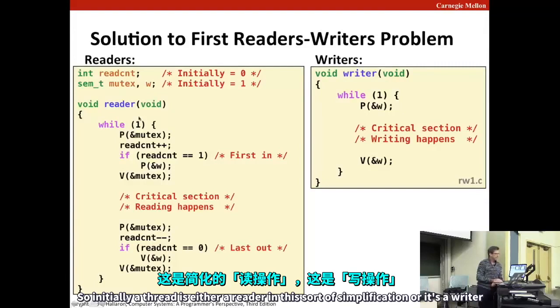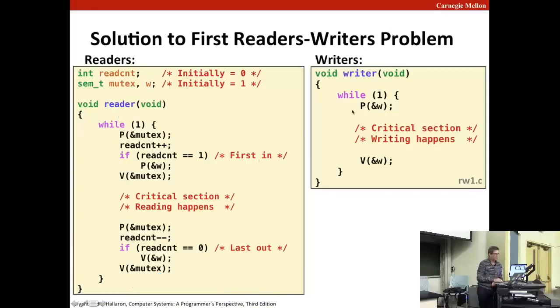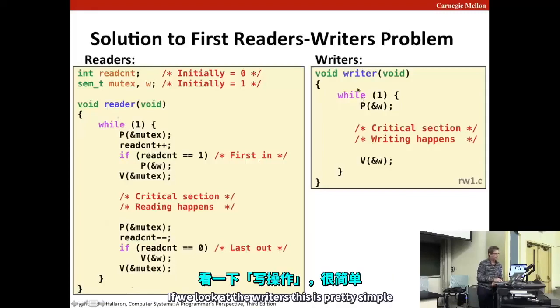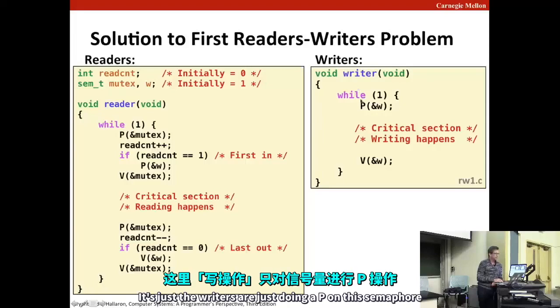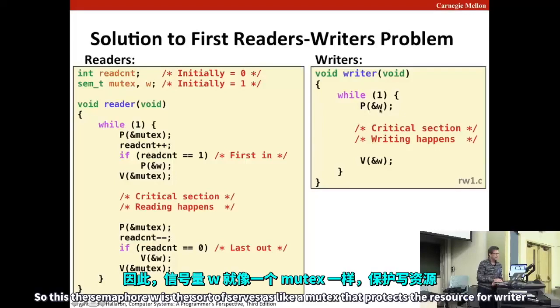Initially, in this simplification, a thread is either a reader or a writer. If we look at the writers, this is pretty simple. The writers are just doing a P on this semaphore W, which serves as a mutex that protects the resource for writers.